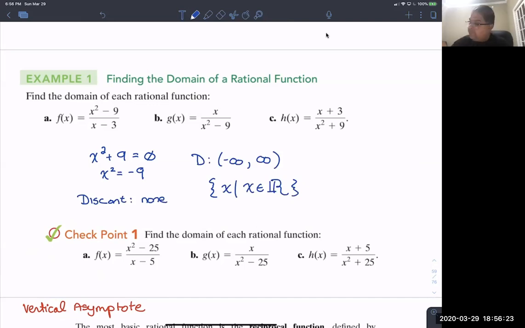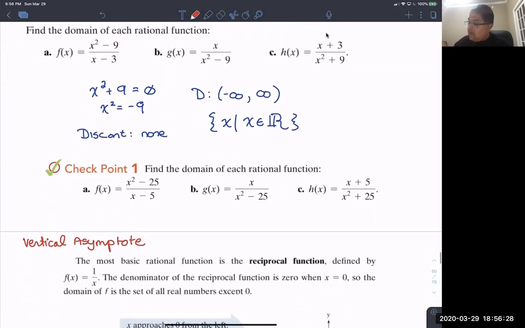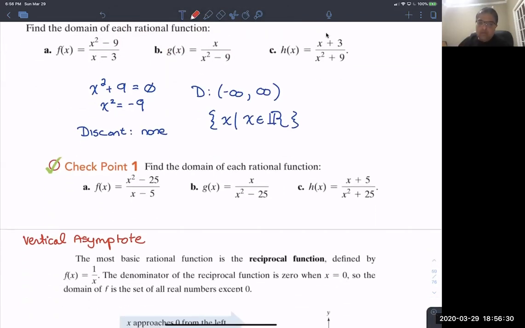All right. I'm not going to walk through the problems in checkpoint 1, but I highly recommend you pause the video and try to solve them. And I'm just going to write the answers for you.